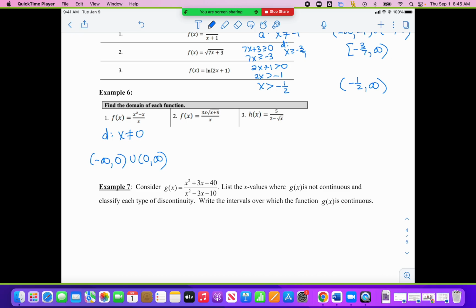Ooh, but 2 and 3 get super interesting. All right, turn to your neighbor. Compare answers, discuss, debate.